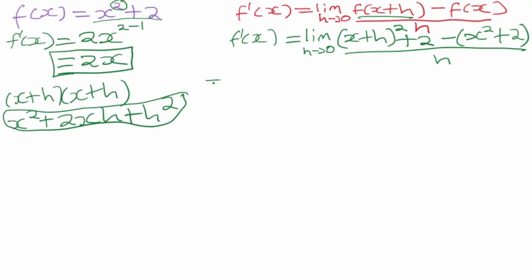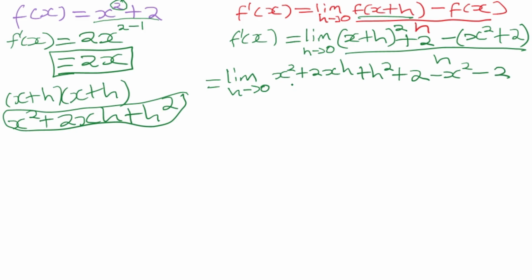So we'll have limit h approaches 0, and then we do substitution, so we will have x squared plus 2xh plus h squared, plus this 2 that is outside there, plus 2. Now we remove the brackets, we'll have minus x squared minus 2. This is all divided by h.